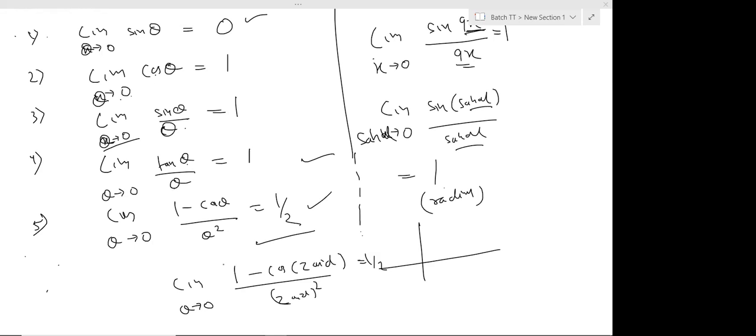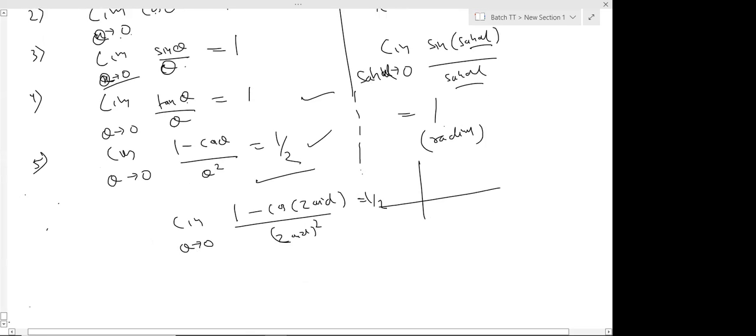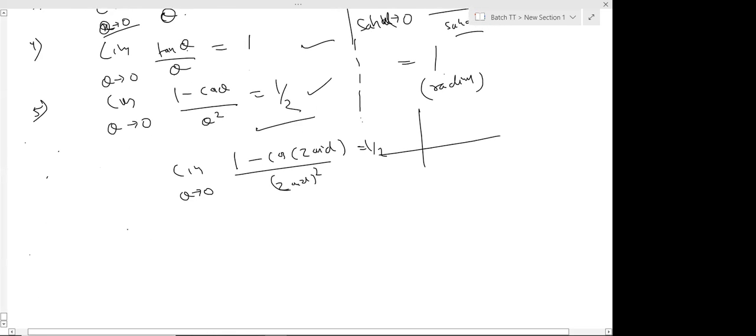All right, let's try to solve a few questions. Limit x tending to 0, sine 3x upon x.